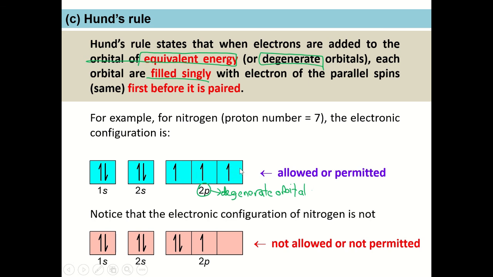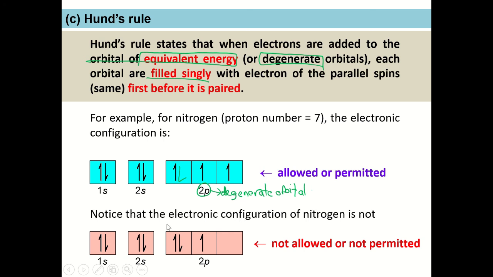And then if you still have one remaining, for example for oxygen, oxygen has proton number 8, right? So you have used up 7, and then another electron you should add in here. That is the example for oxygen.